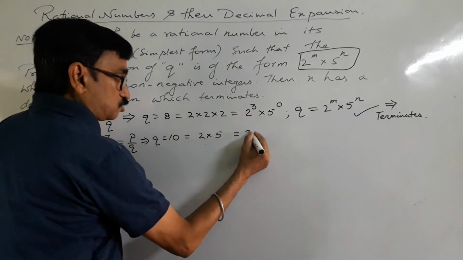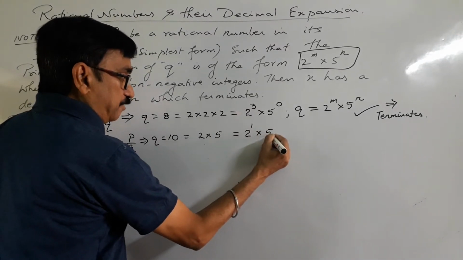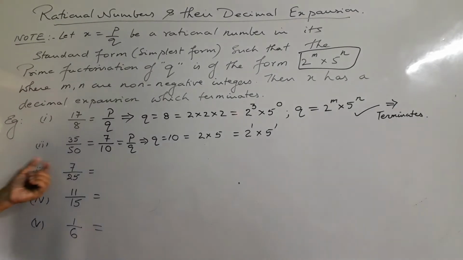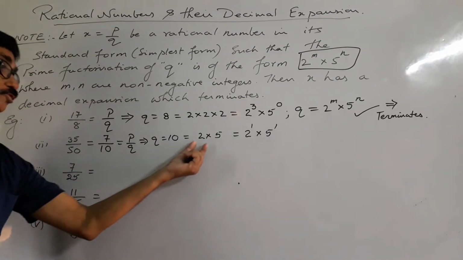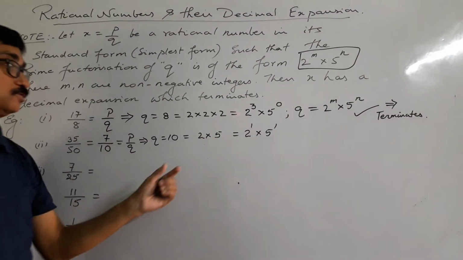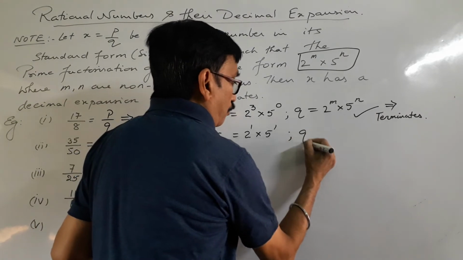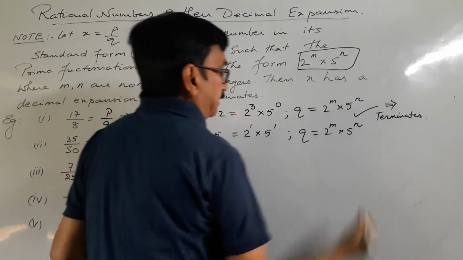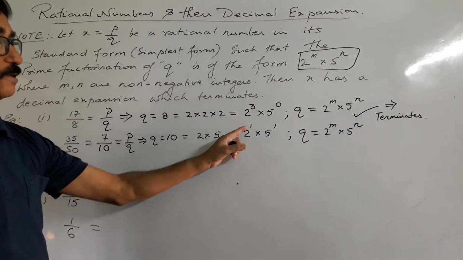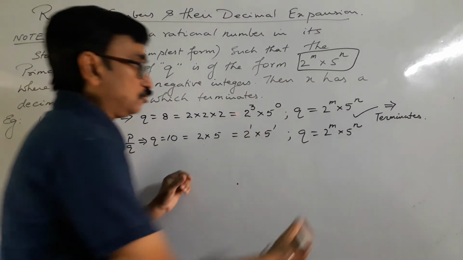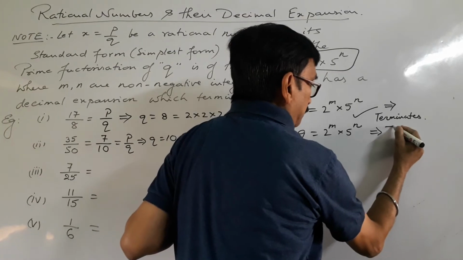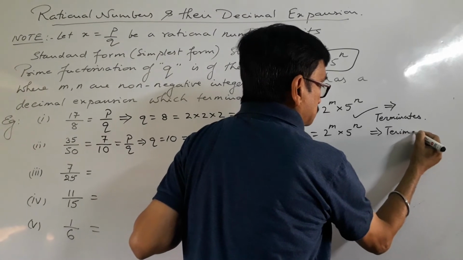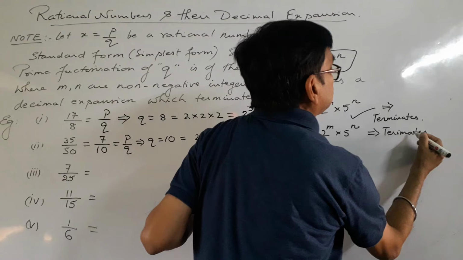So here it has 2 to the power 1 into 5 to the power 1. It means that 10 can be divisible by both 2 and 5. So it is of the form 2 to the power m into 5 to the power n. So here the value of m and n is 1. So this rational number also terminates.